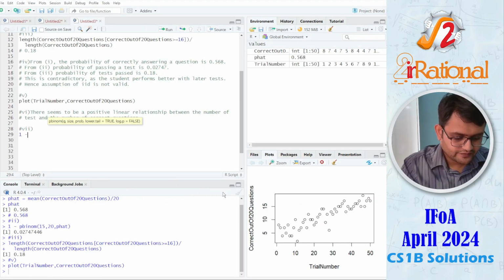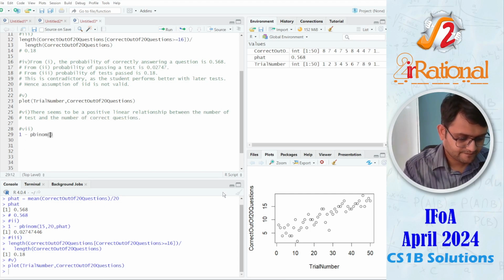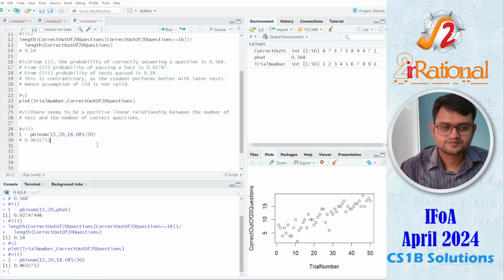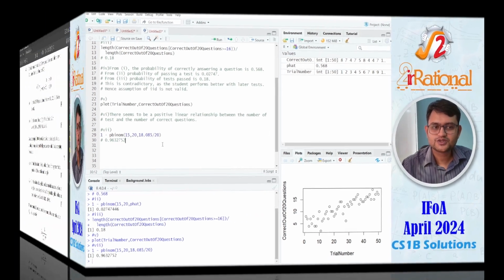So the probability will be 1 minus pbinom(15, 20, 18.085 divided by 20). So there is about a 96% chance that the student will pass the test. Let's go to the next question.